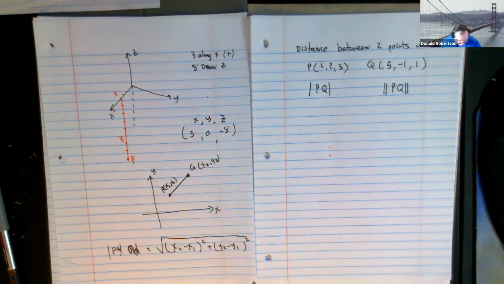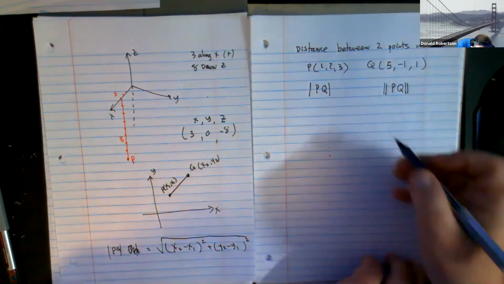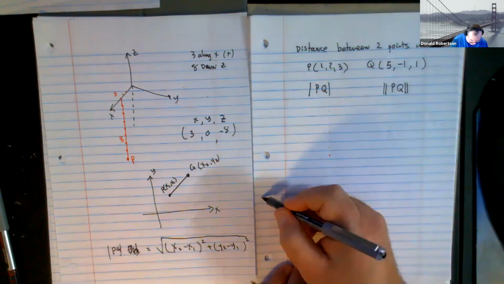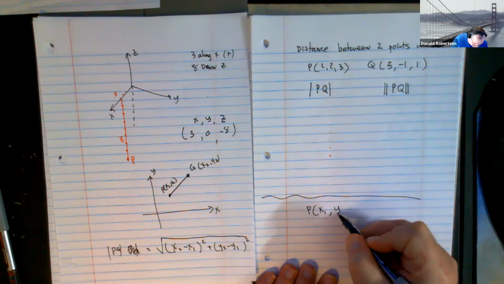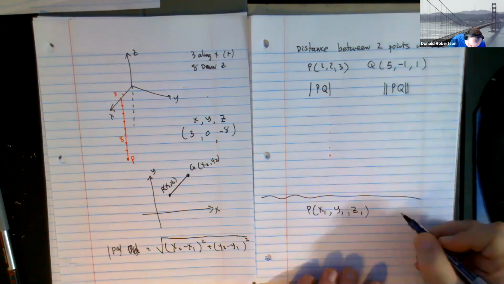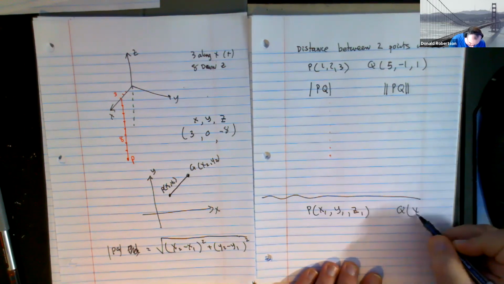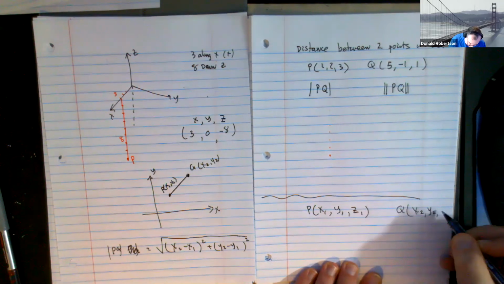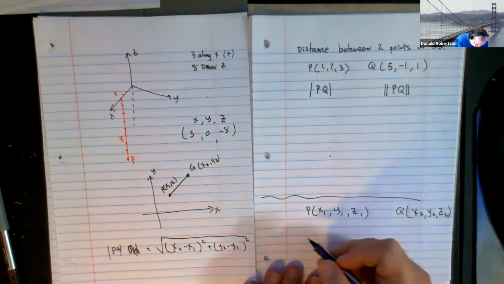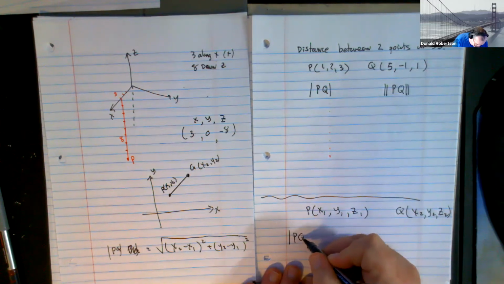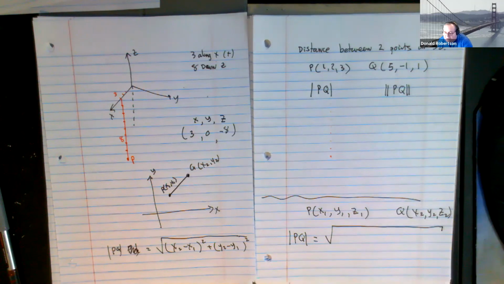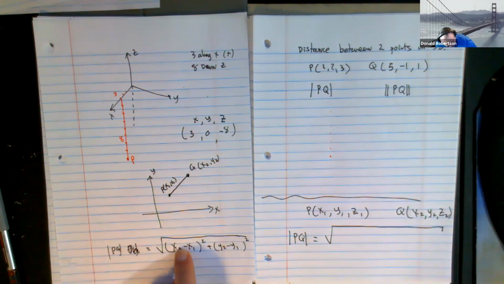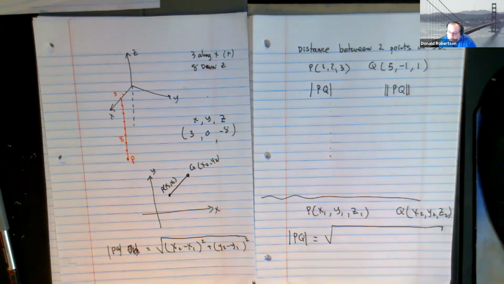Right. Now, in 3D space, we call P (x1, y1, z1), and we'll call Q (x2, y2, z2), and we're going to find the distance from P to Q. So I'm writing down the general formula, and maybe it's a surprise, maybe it's not, but this formula transfers into 3D very nicely.